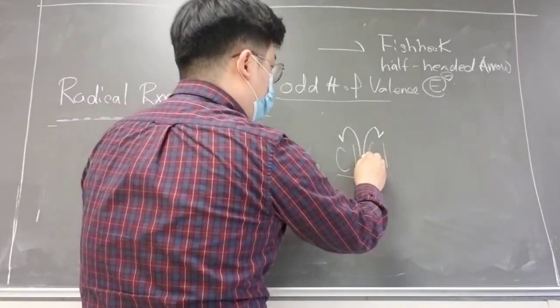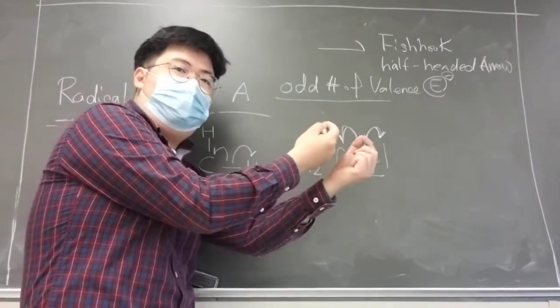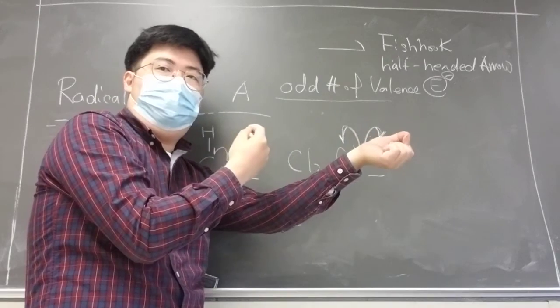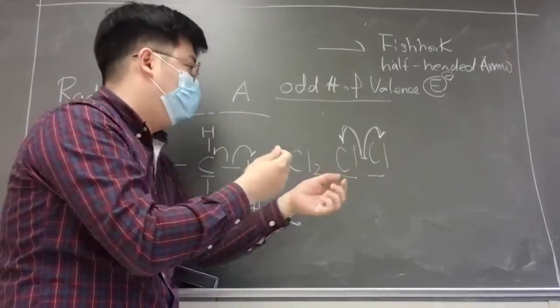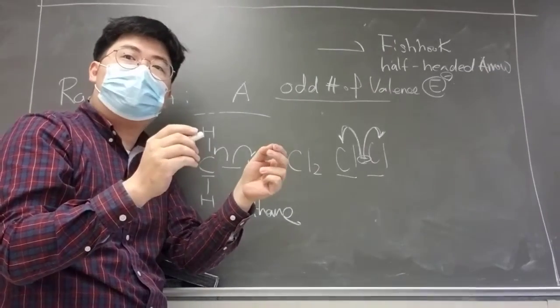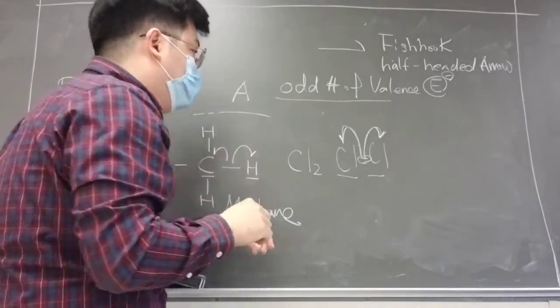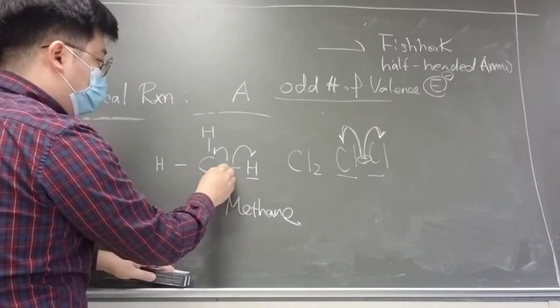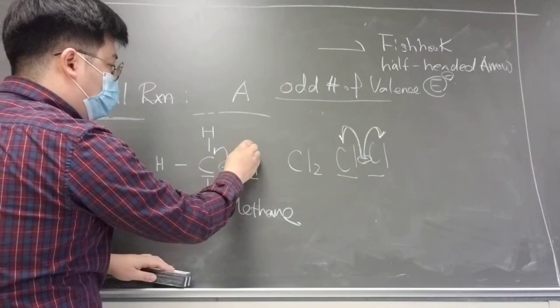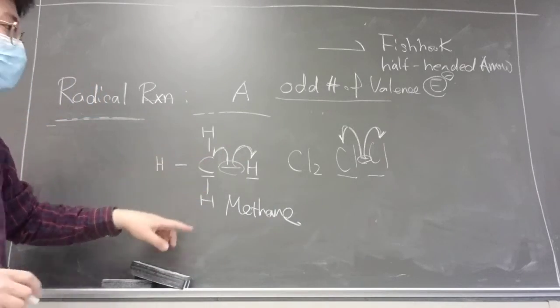So if I do one here and another fish hook over here, each of the electrons goes in opposite directions like this. Because once again, what is a single bond? A pair of electrons in a small space. So each one goes on each side. The same thing over here. The two electrons, one goes in here, and the other one goes on here.